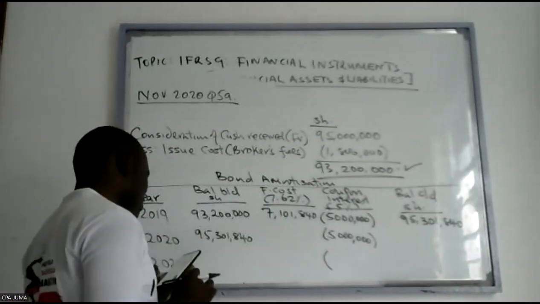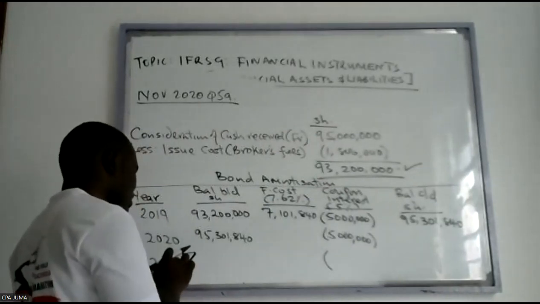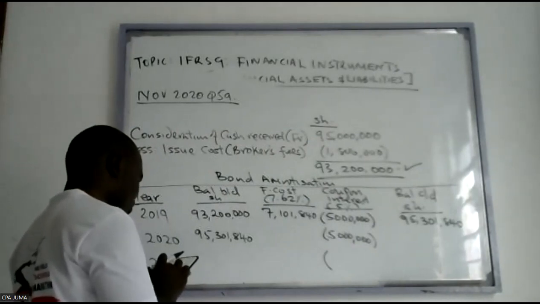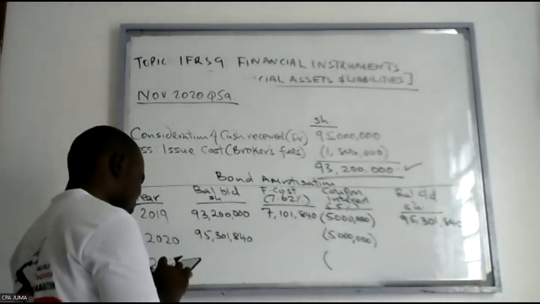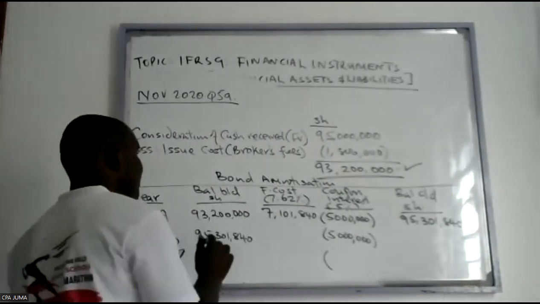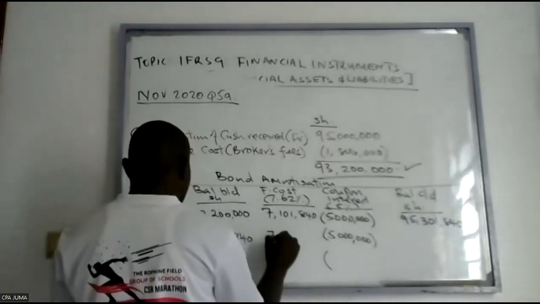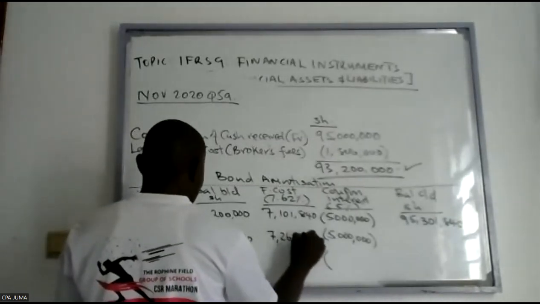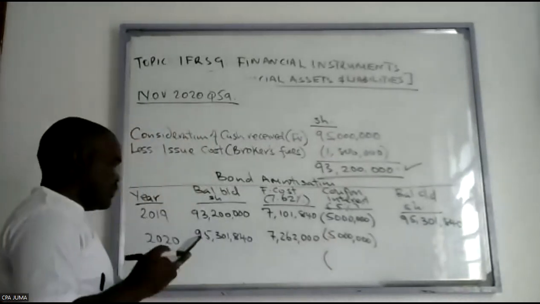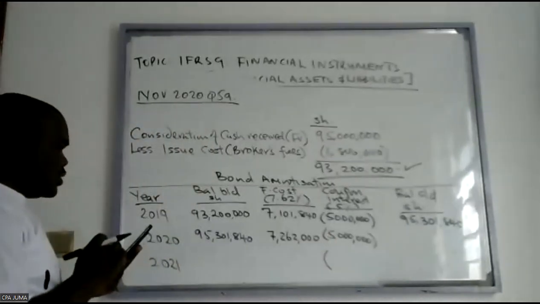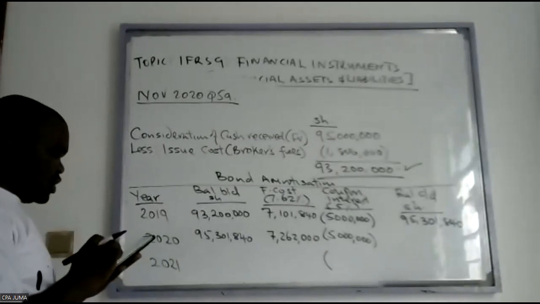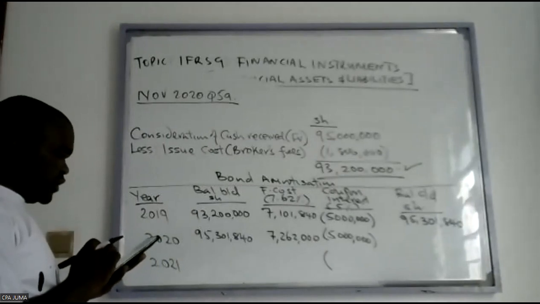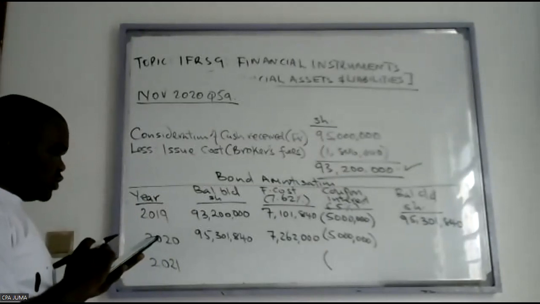Yeah, you put 95,301,840 times 7.62%. You will confirm 7,262. I've just rounded off. So that will be 95,301,840 plus 7,262.